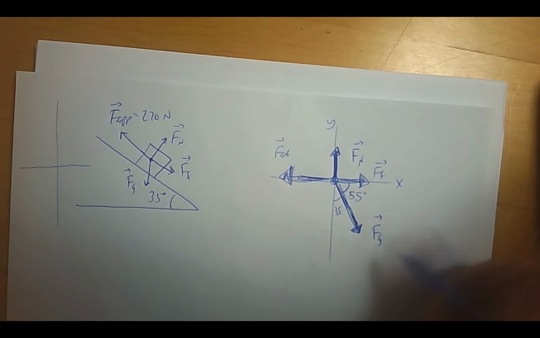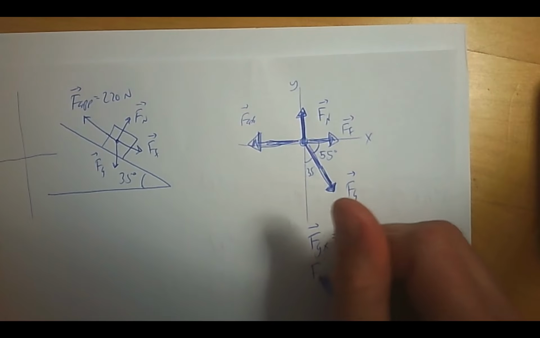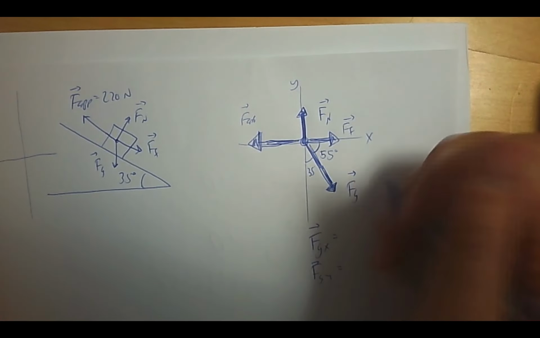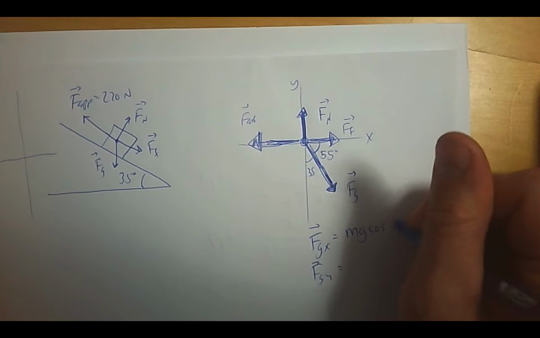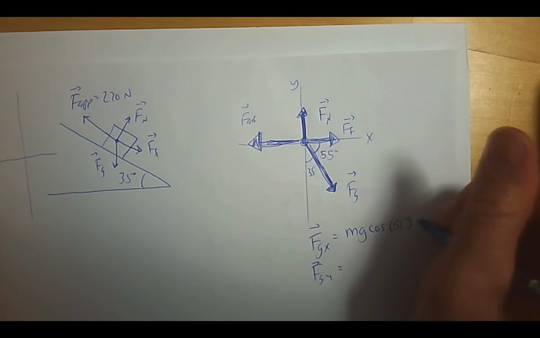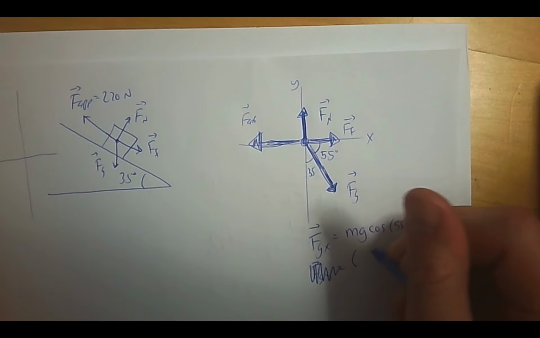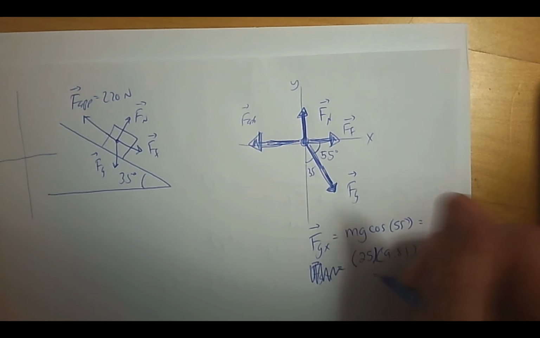And I'm going to break up my force gravity into its x and y components. So the x component of gravity is going to be mass times acceleration due to gravity times the cosine of 55, and I shouldn't have done that so close. That's going to be 25 times 9.81 times the cosine of 55.